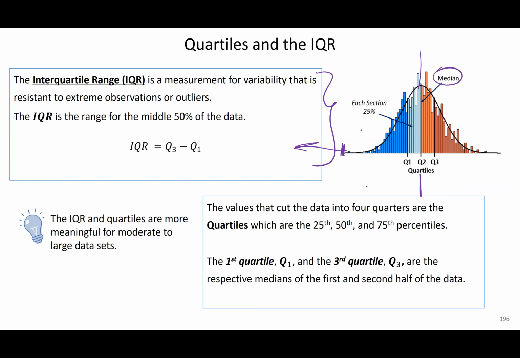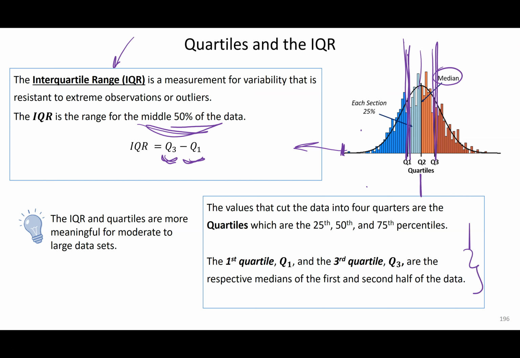So when we want to figure out a way to talk about spread using these quartiles, we usually will refer to the interquartile range. It ends up being the middle 50% of the data, so the third quartile minus the first quartile. So we end up looking here. This is the middle 50% of our data. When we put a box plot together, those are the edges of our box.